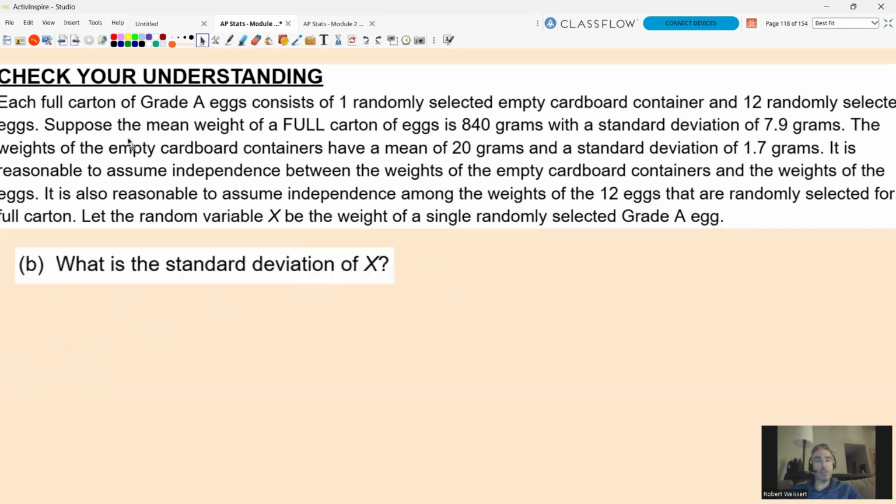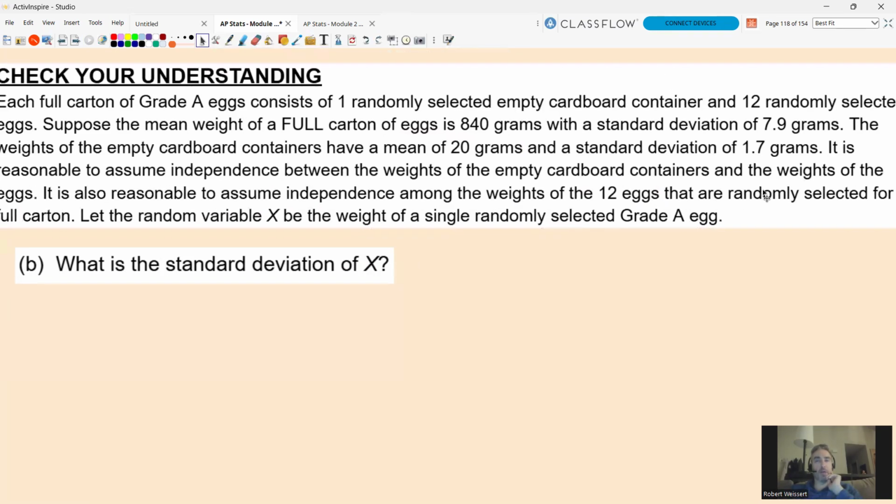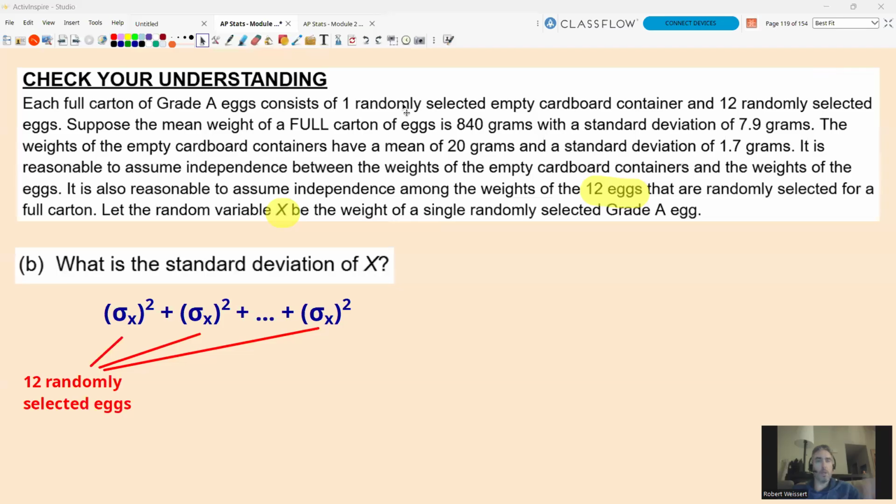The standard deviation of x, with standard deviations, remember we square each individual thing, add them together, and take the square root. So in this case here, we're provided the standard deviation of the full carton and the empty carton. What we're trying to find is the standard deviation of each egg, or a randomly selected egg.